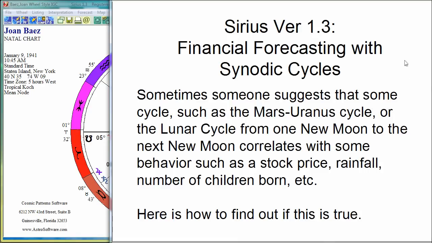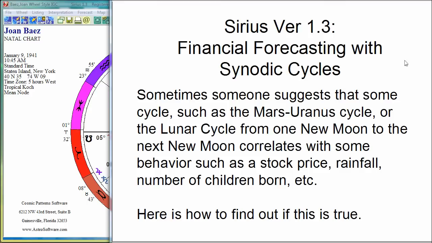Sometimes someone suggests that some cycles, such as the Mars-Uranus cycle or the lunar cycle, when we talk about the lunar cycle, we mean from one new moon to the next new moon, that one of these cycles is going to correlate with some behavior, so that more babies are born around full moon, or it rains more just after full moon, or the price of, someone mentioned to me they think the price of silver goes up around full moon. So is this true or not?